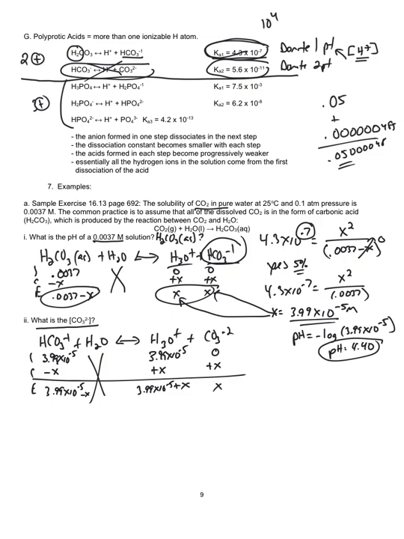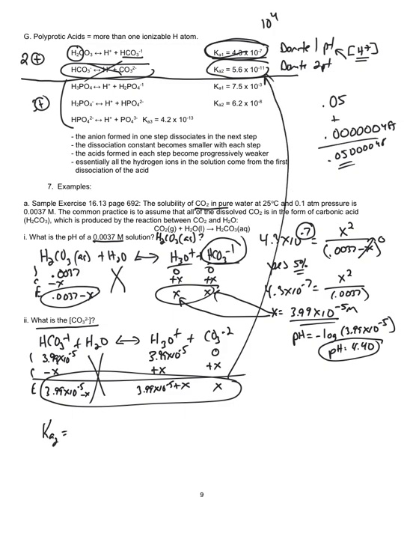So now I'm going to go ahead and throw these numbers into the second Ka expression, which is Ka2, which has a value of 5.6 times 10 to the negative 11th. On top, 3.99 times 10 to the negative 5th plus x, my fault, plus x, times x, all over 3.99 times 10 to the negative 5th minus x. I'm just plugging my values into the K expression. The two products go on top, and the one reactant goes on the bottom.